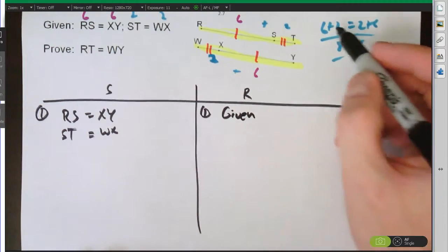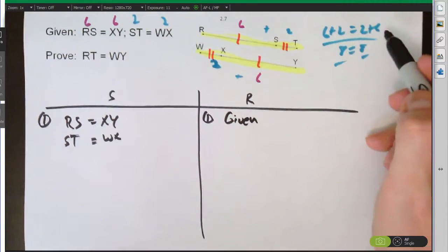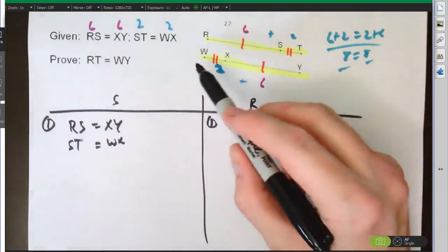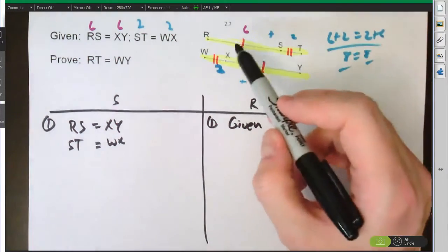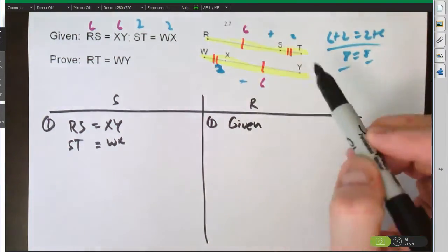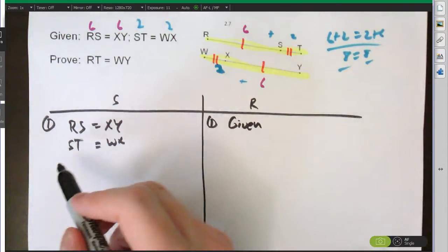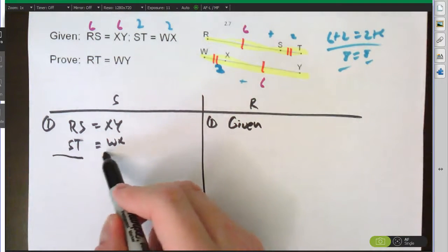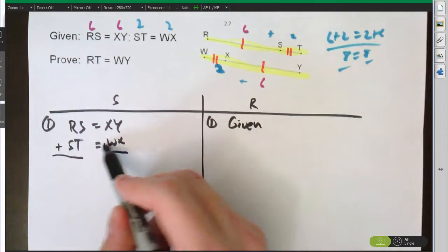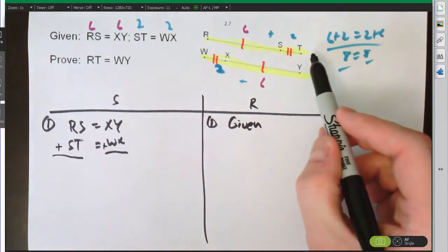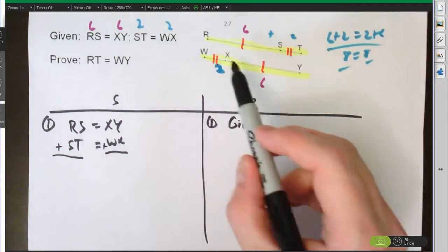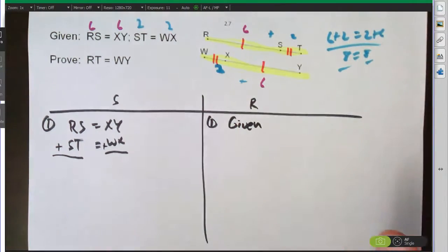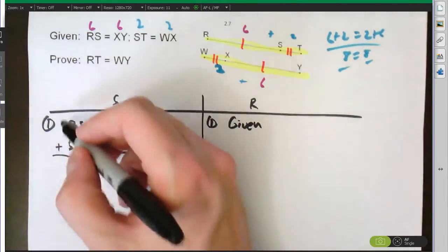Okay, now, here's the second step, and this is one of 2 steps that nobody ever sees to do, but it's the reason I picked these numbers up here. We know that RT has to equal WY with numbers because I said 6 plus 2 equaled 2 plus 6. Well, that's what I'm going to do next. I'm going to say RS plus ST equals WX plus XY eventually. That's what I'm going to get to. So what I need to do is add those parts.